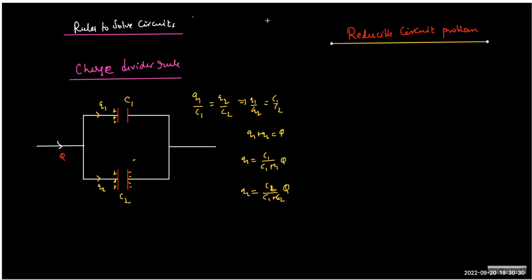In circuits, you will come across two types of questions. One is called the reducible circuit, in which, for the given circuit of capacitors, you can find the equivalent capacitance.